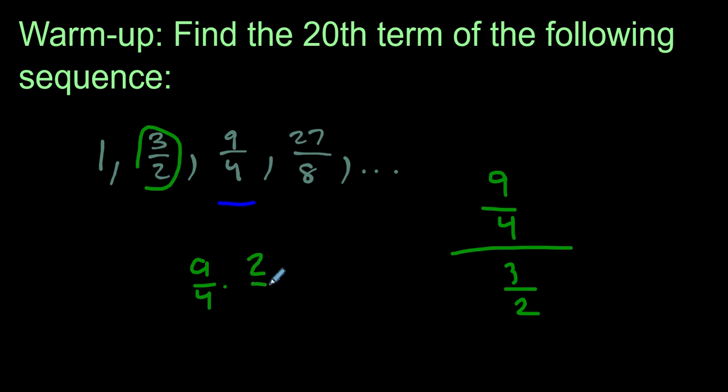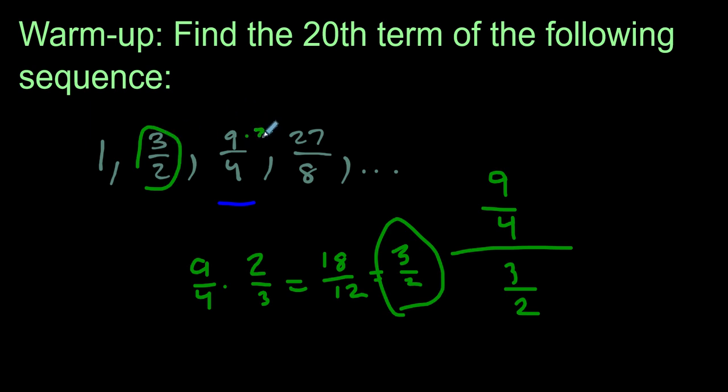So the reciprocal of 3/2 is 2/3, which gives me 18 over 12, which reduces to 3/2. Which makes sense because 1 times 3/2 is 3/2. If I multiply 3/2 times 3/2, I get 9/4. If I multiply that times 3/2, I get 27/8, and so on and so forth.